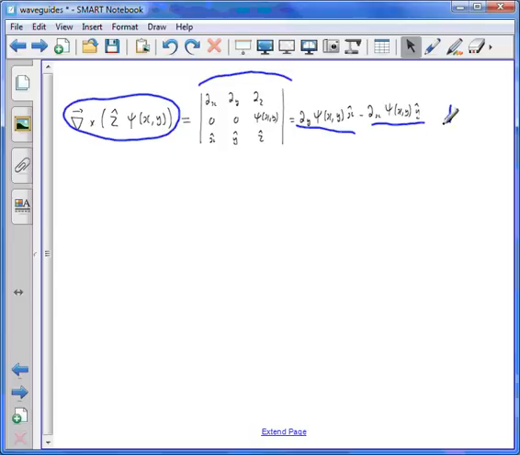So this ensures that this vector is always going to be perpendicular to the z component. The z component of this vector is basically always 0, and that's why this vector will always be perpendicular to z.